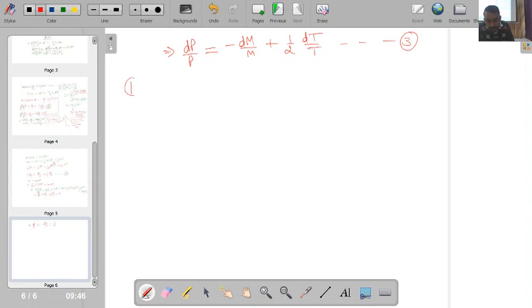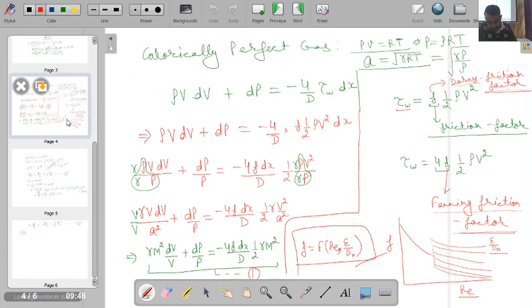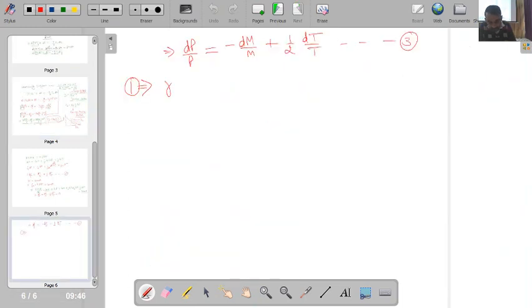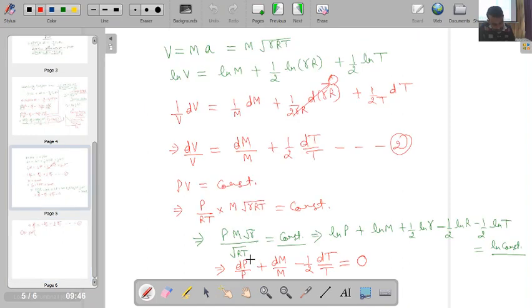Now I will substitute equations 2 and 3 in equation number 1. So I will get gamma M square times, with dV by V being dM by M plus half dT by T.